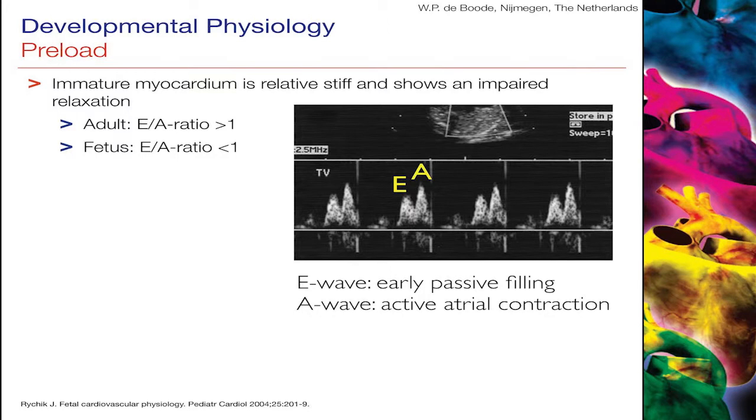But in the fetus, it's quite the opposite: a small E wave, a large A wave, and that is due to a low compliance of the fetal myocardium.